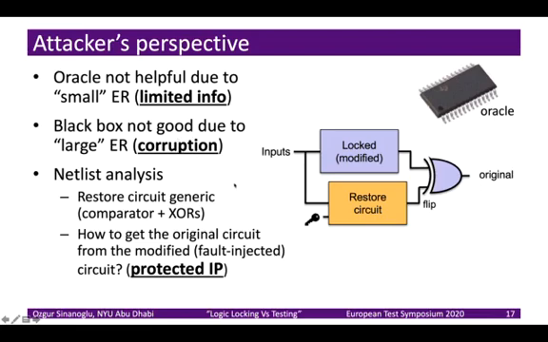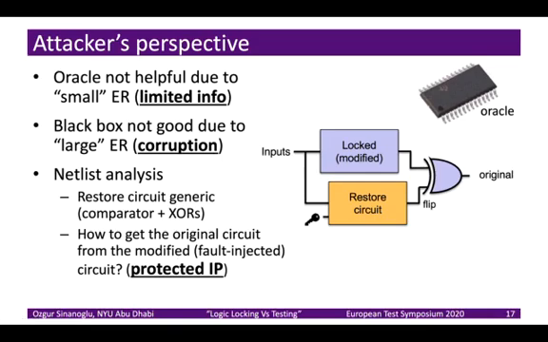And when it comes to netlist analysis, what we're doing essentially is removing gates from the original circuit and obtaining this modified circuit. So the question is, can the attacker reconstruct the original circuit from the modified one where the gates have been removed? We claim they can't, because the gates have been removed.